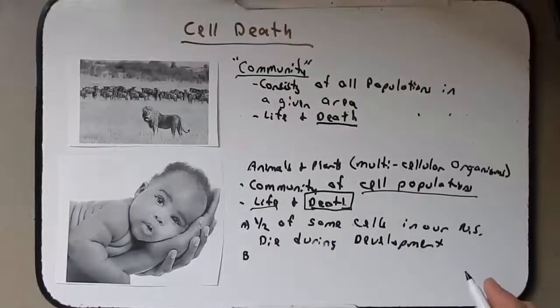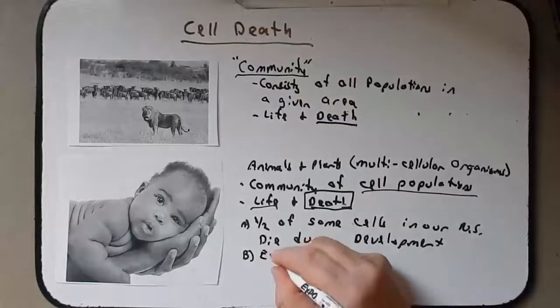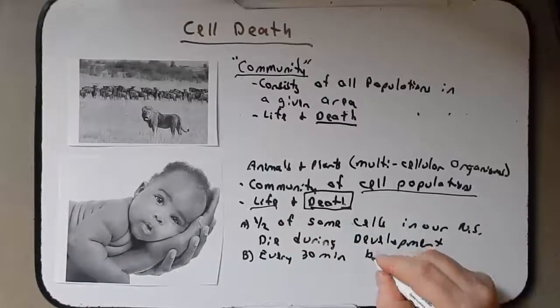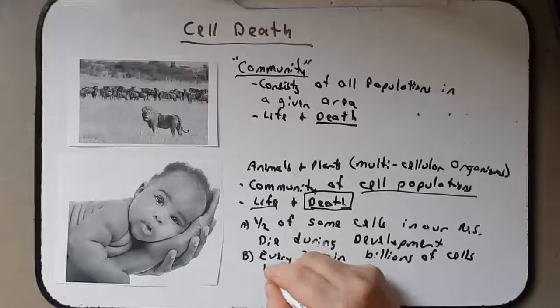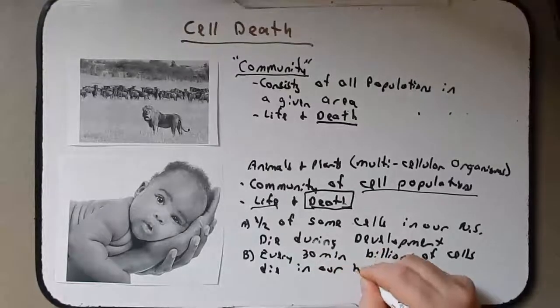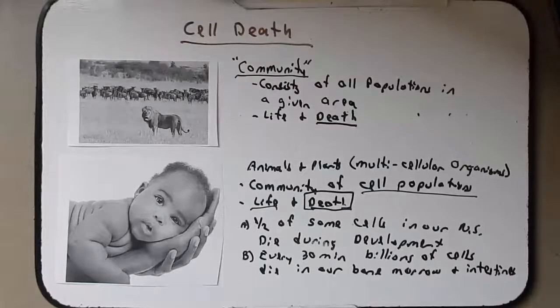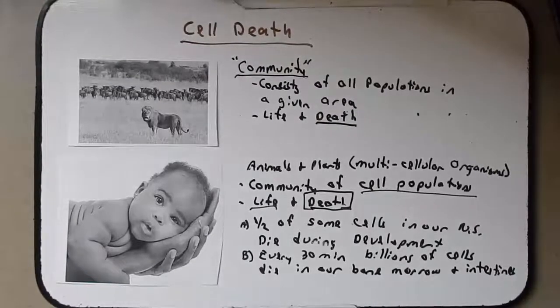We also know as an adult, every 30 minutes or so, billions of cells die in our bone marrow and intestines. Some of this cell death we understand why it occurs, and some we don't understand why it occurs. But we're learning more and more about it.